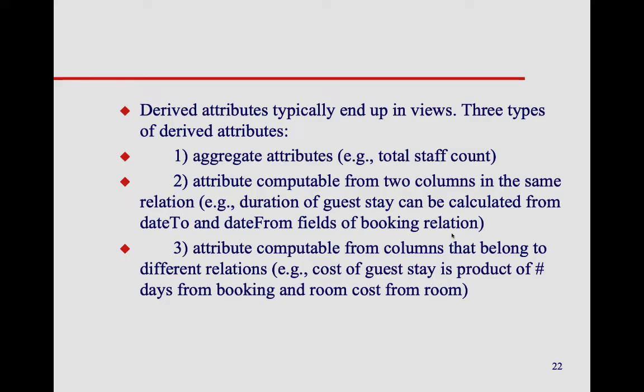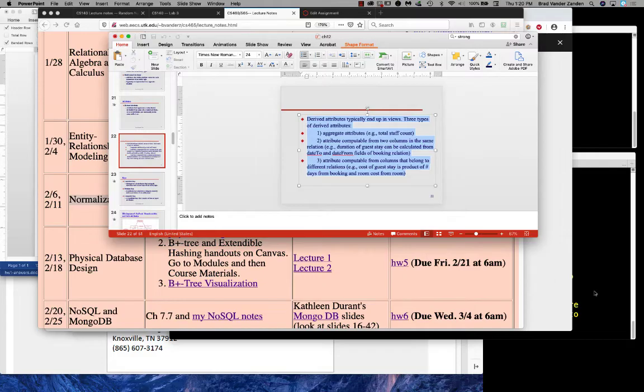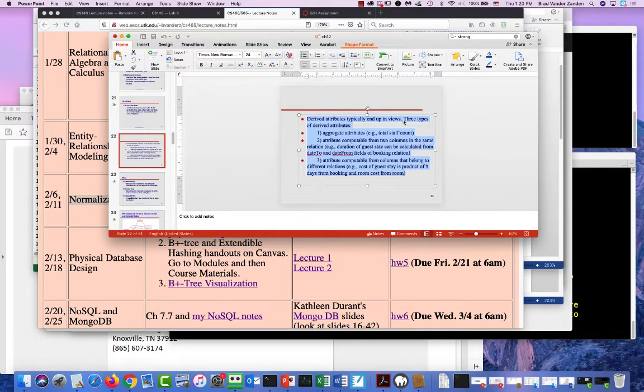So, derived attributes, first of all, they typically end up in views because they're virtual. They're not physically represented in the database. And then there are typically three types of derived attributes that we care about.